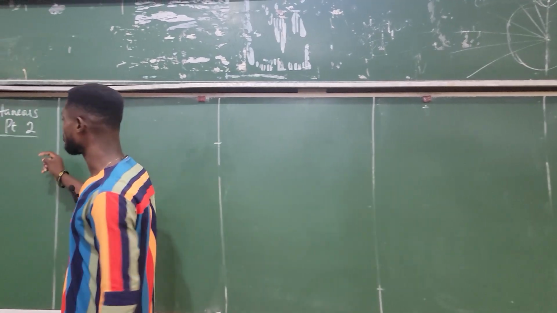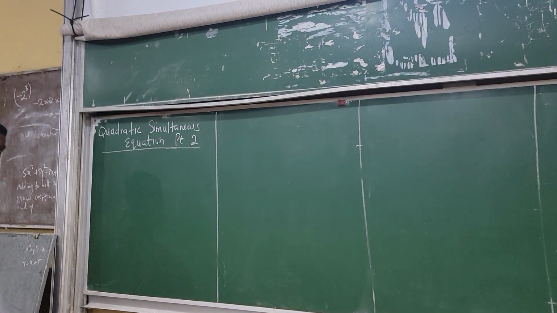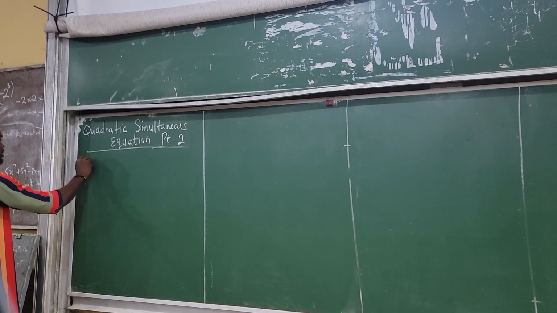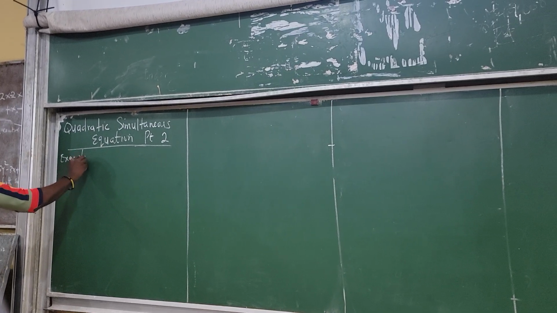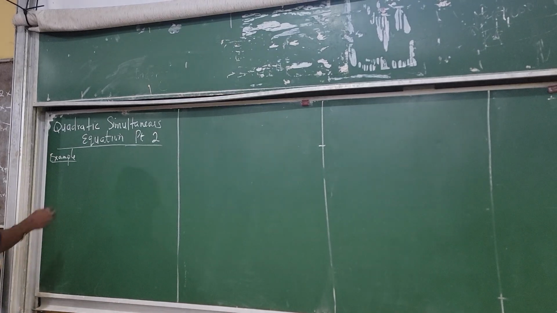So we look towards our board. We have quadratic simultaneous equation. Then example. Let me call it just a brief example because it's simple. So solve.